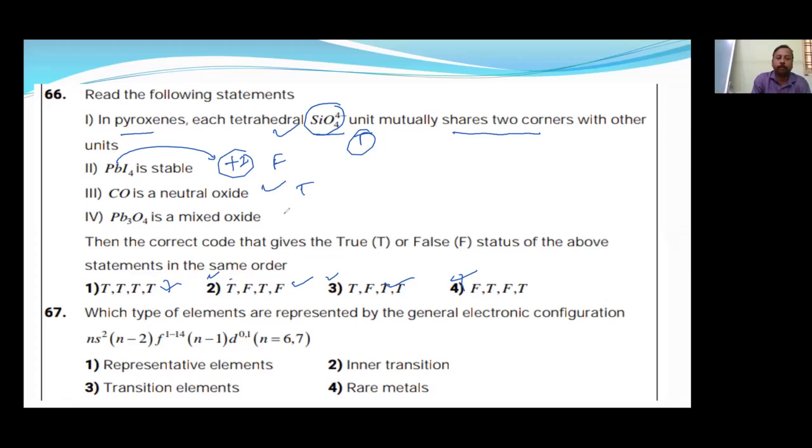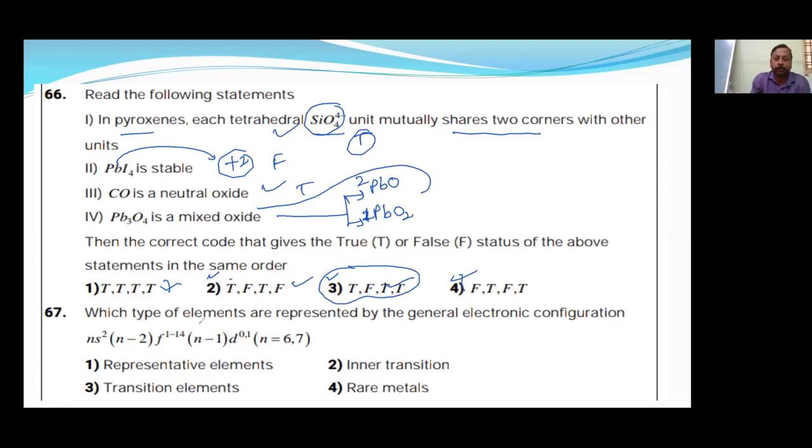Yes, Pb3O4 is a mixed oxide of 1 mole of PbO2 and 2 moles of PbO, which will give you Pb3O4. So that is correct. Therefore, our final answer is the third option. Why third option? Is it clear to all of you?